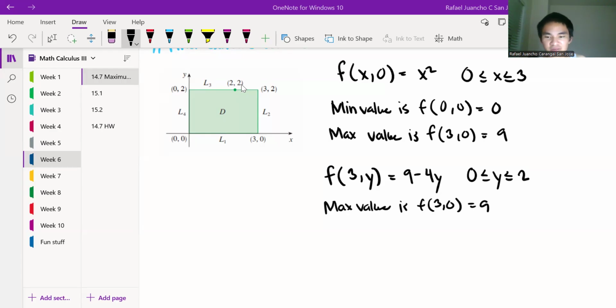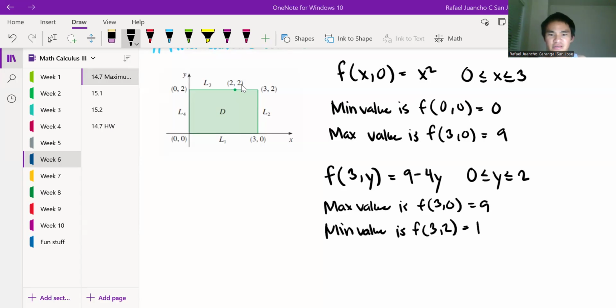The maximum value is f of 3, 0, which is 9, and its minimum is f of 3, 2. And this is 1.